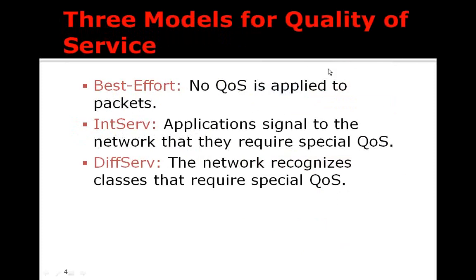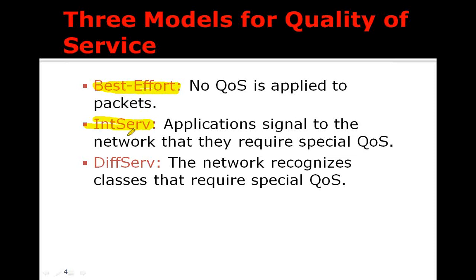So there's three different models that we can use for doing quality of service. Best effort model, and the best effort model is the one that your network runs under normal operations. There is no QoS. This is basically when the packet comes in, we pass it along, we do nothing to the packets. The next option is to use IntServ.